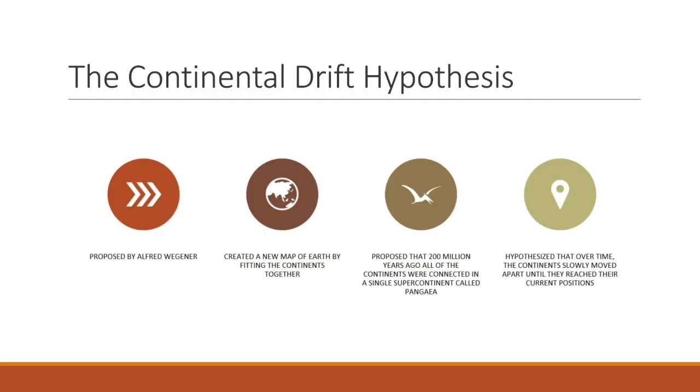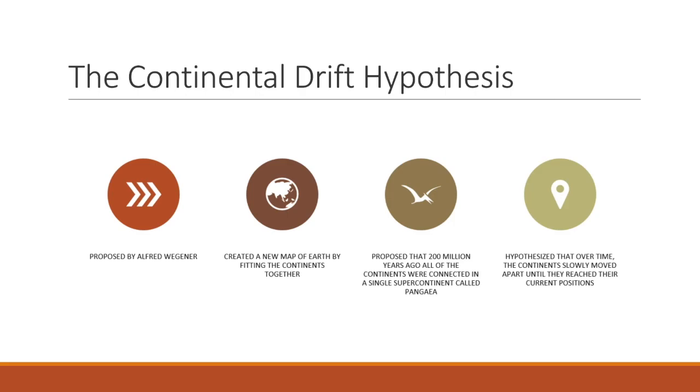Now, what then happened was this guy named Alfred Wegener came up with the continental drift hypothesis. He created a new map of the Earth by fitting the continents together. He basically looked at all the continents and went, hey, if I push these together, they fit almost like a jigsaw puzzle. And he proposed that 200 million years ago, all of the continents were connected in a single supercontinent called Pangaea.